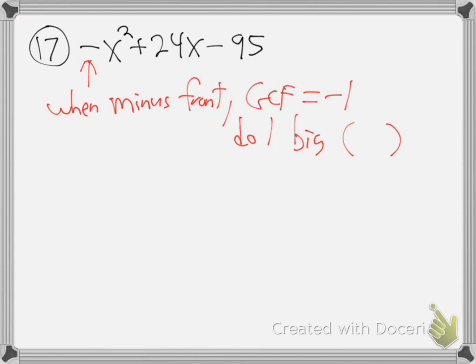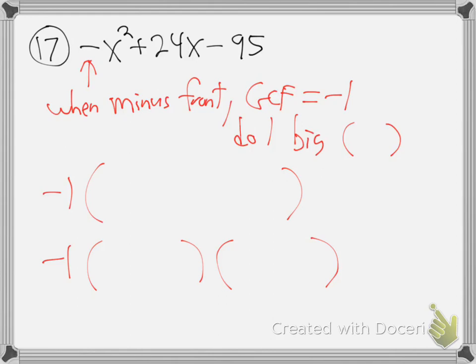We good? GCF's -1. So whenever there's a minus in the front, take out a -1. So I'm going to take out a -1, do the 1 big parenthesis, and then the next line I'll do the 2. When do you do that? When it starts with a negative. When it starts with a minus sign. Exactly.